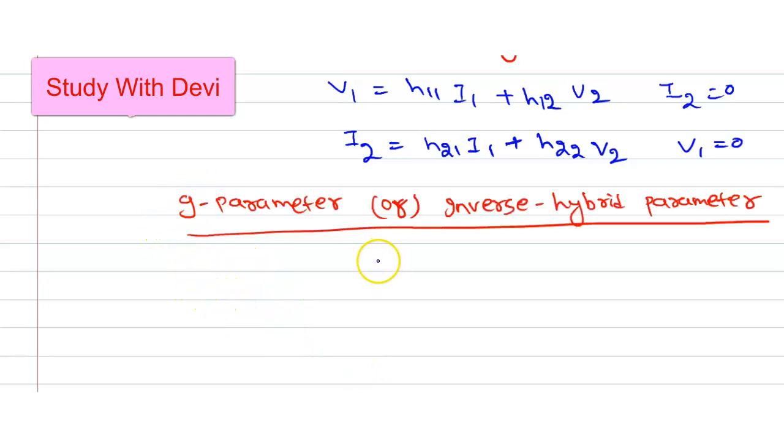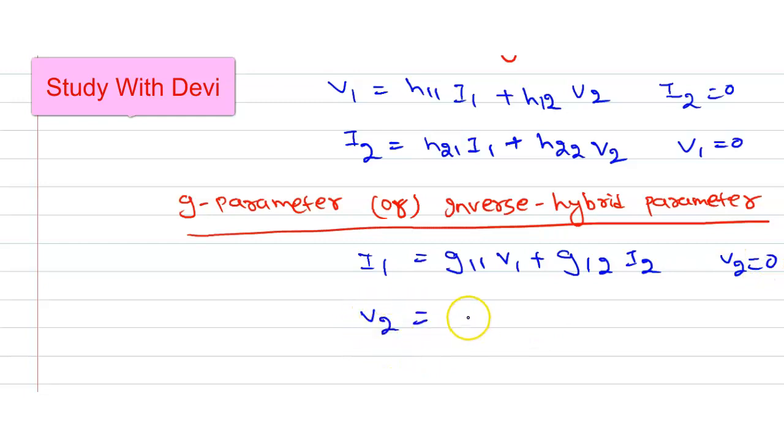So here we can write I1 equal to G11 V1 plus G12 I2, and V2 equal to G21 V1 plus G22 I2. Here I1 equals 0. This is my G parameter or inverse hybrid parameter.